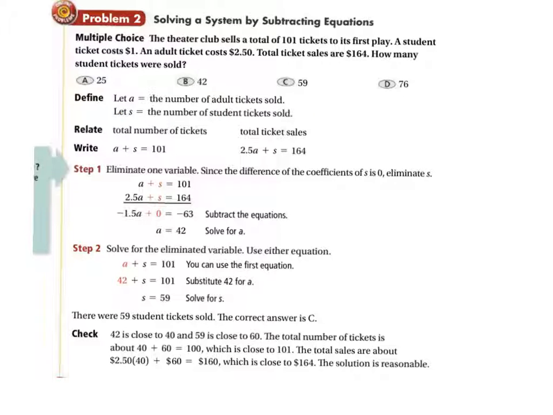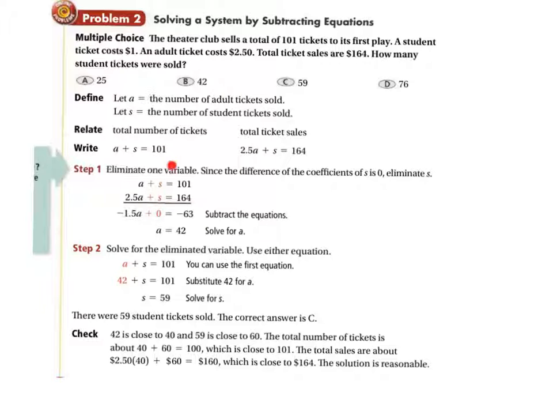So we're doing a system of multiple equations with multiple variables here. Again, we have the total equation first: A plus S is 101. And then we have the mixture equation: 2.50 for the adult, 1 for the student, is 164, that's the total dollars. This gives us a system.